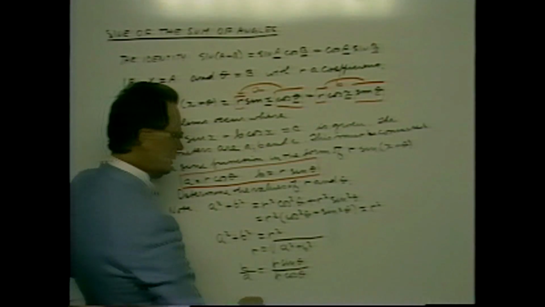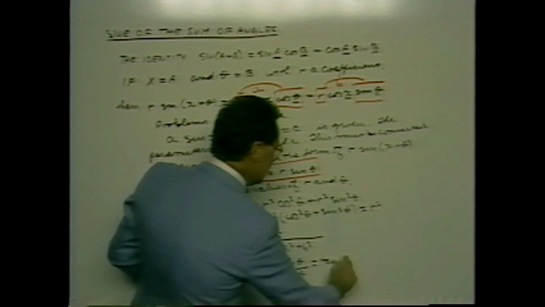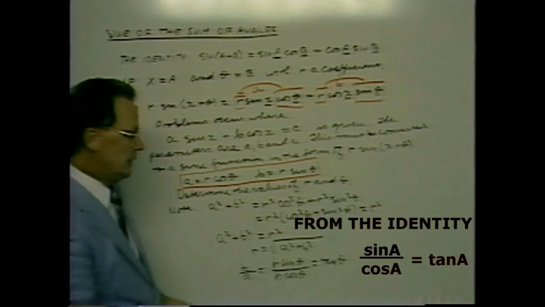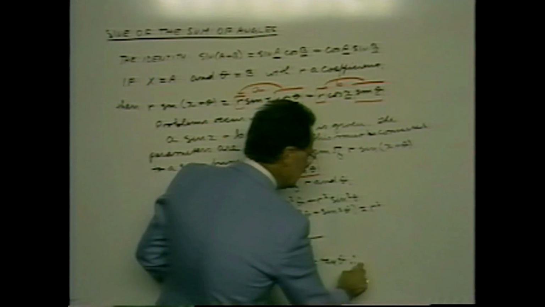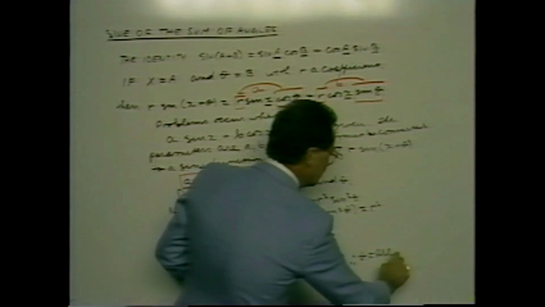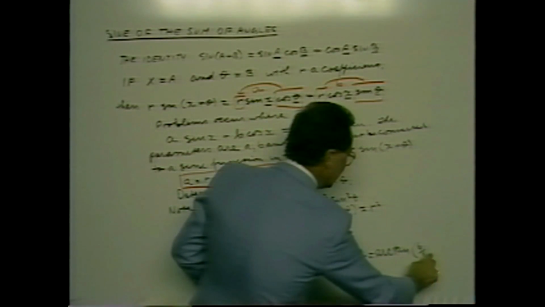So we have sine theta over cos theta, and that's equal to the tangent of theta. Having determined that the tangent of theta is b over a, we can conclude then that theta can be found by determining the arctan of b over a.